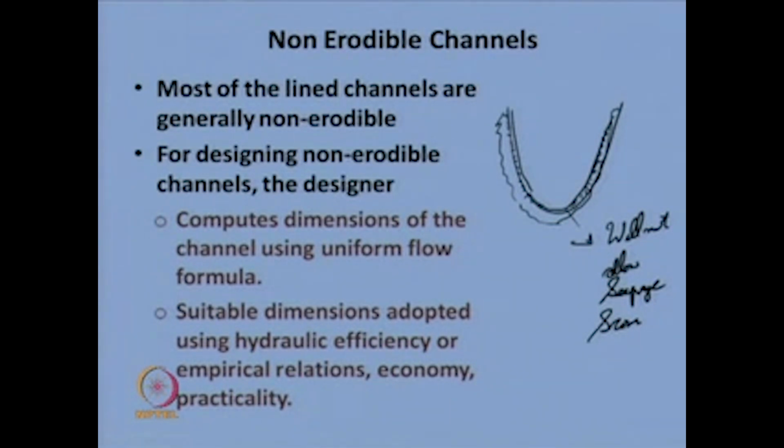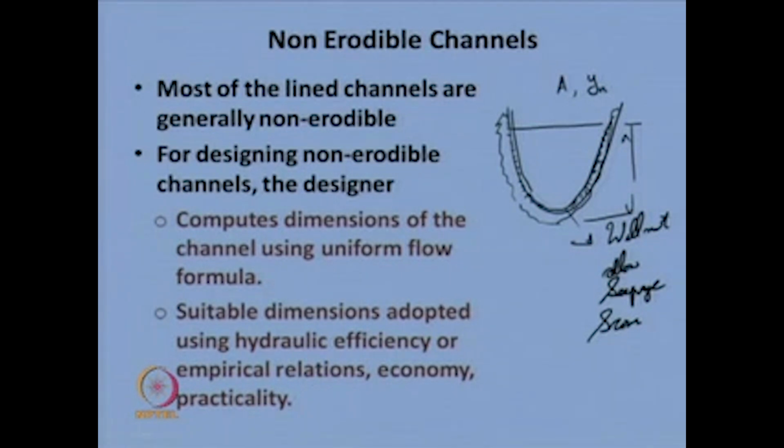For designing non-erodible channels, what does the designer do? A designer has to first compute the dimensions of the channel using the uniform flow formula. Once he has computed the area of the flow, he then suggests the depth of flow and so on.